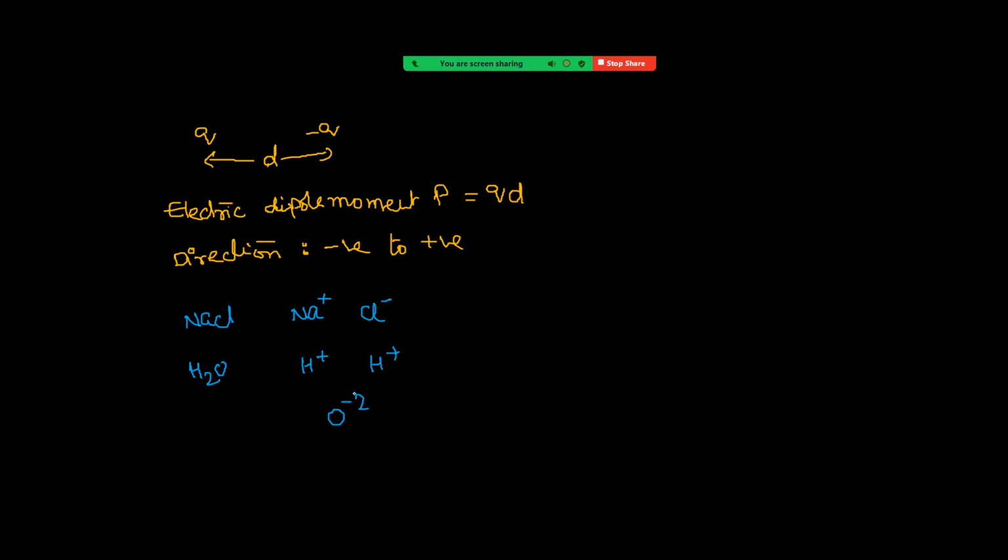Taking plus 1 with one part of the minus 2, that is minus 1, this is one dipole. The remaining minus 1 and plus 1 is one more dipole. So it is a combination of two dipoles. That means water has dipole nature. Like this, we have dipoles in our daily life.